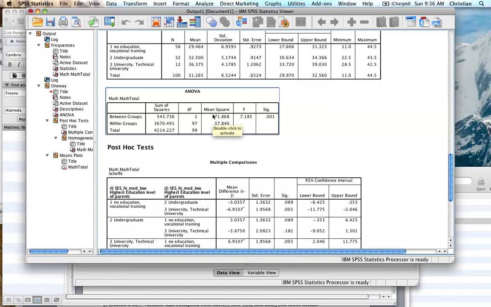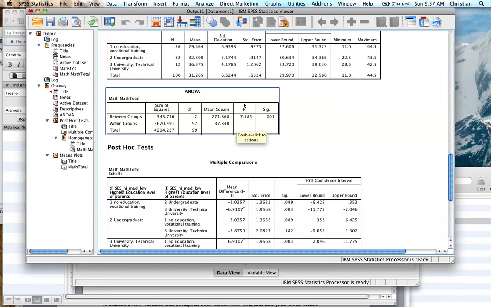Then we do the F ratio. The F ratio is just between groups divided by within groups, and this is 7.18. So 7 times almost 37 here gives us about 271.